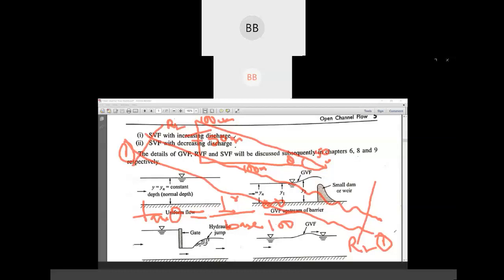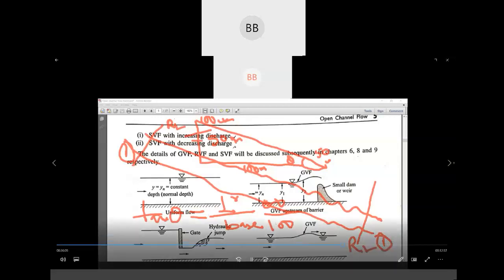But when you're talking about a river, because it's natural, it is very difficult to find out accurately. So this is the method which we commonly use. It depends on at what location you want to find out the bed slope.